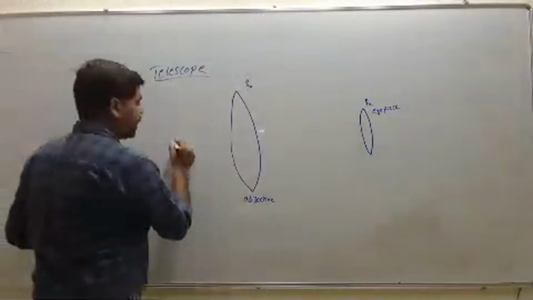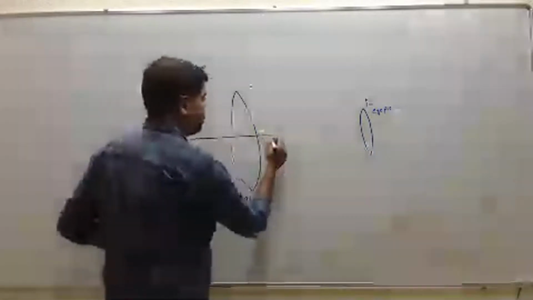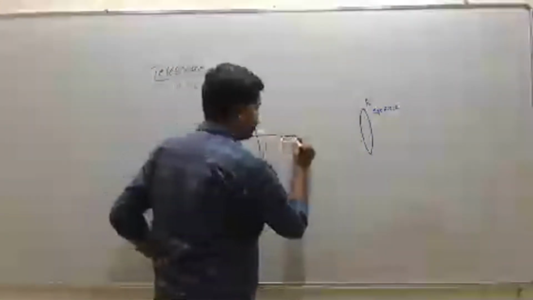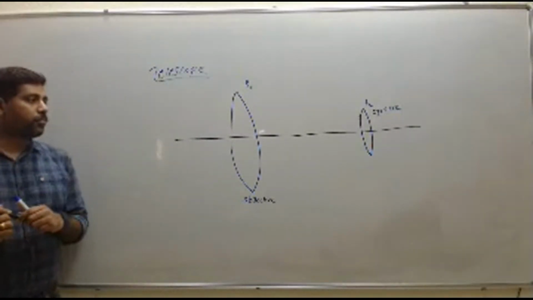So this one is the axis. The objects are far away from us.